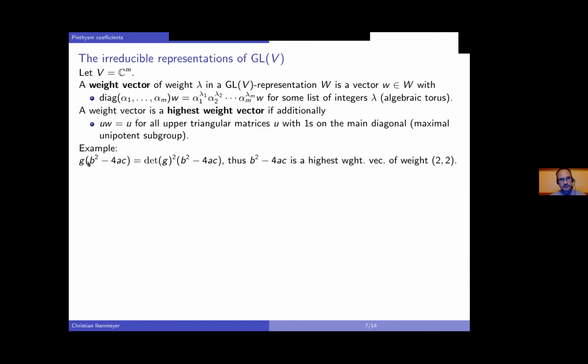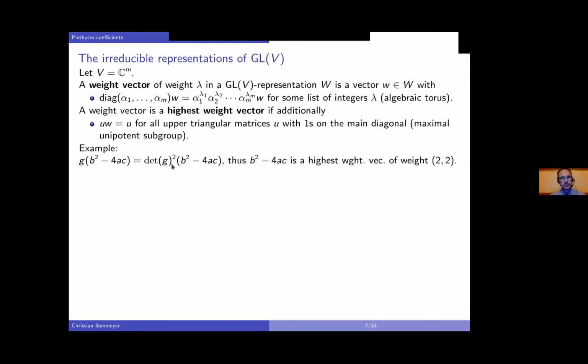For example, if you take again b squared minus 4ac, the discriminant, you know that if you act on the discriminant with any invertible 2 by 2 matrix, then this rescales with the determinant of g squared. So this is the same vector but just rescaled, and therefore b squared minus 4ac is a highest weight vector of weight 2, 2. So why is that? So why is it a weight vector of weight 2, 2?